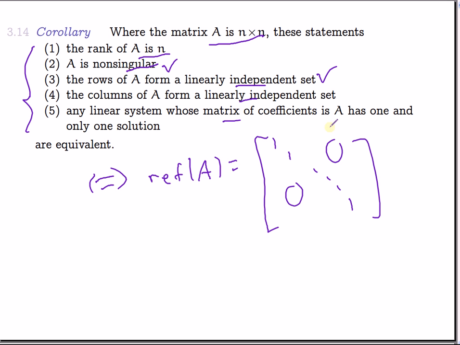We also know that row space and column space have the same dimension. So if the rows are linearly independent and the number of rows equals the number of columns, then the columns must also be linearly independent. Finally, we know that this means the same thing as saying that the matrix of coefficients has one and only one solution.